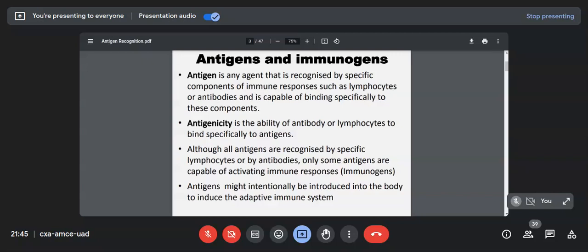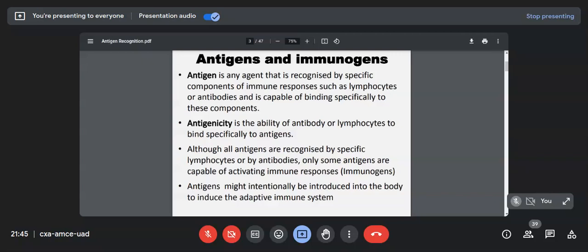Then I went to immunogens to be specific. What is an immunogen? First of all, an immunogen is an antigen. What do I mean by that? It is, first of all, a molecule that attaches to a lymphocyte. When it attaches to a lymphocyte, it will induce an immune response.